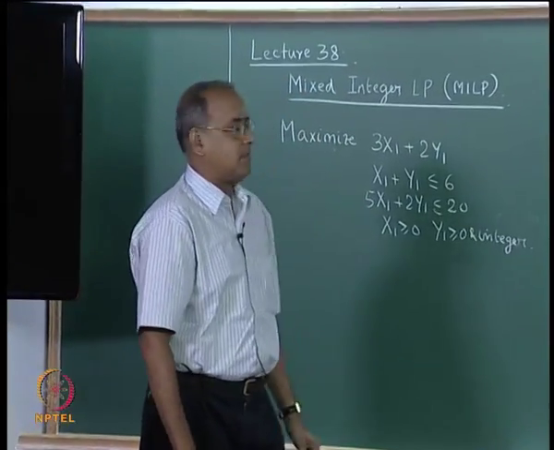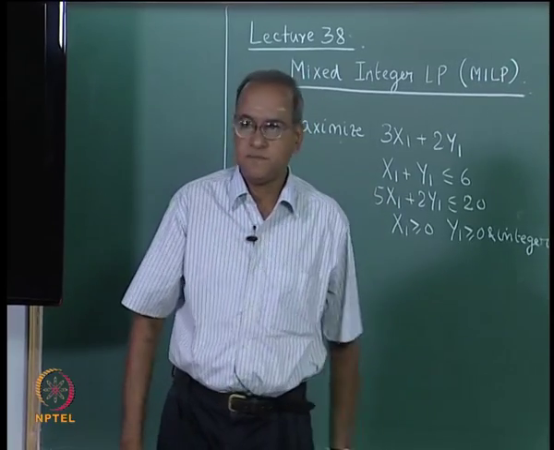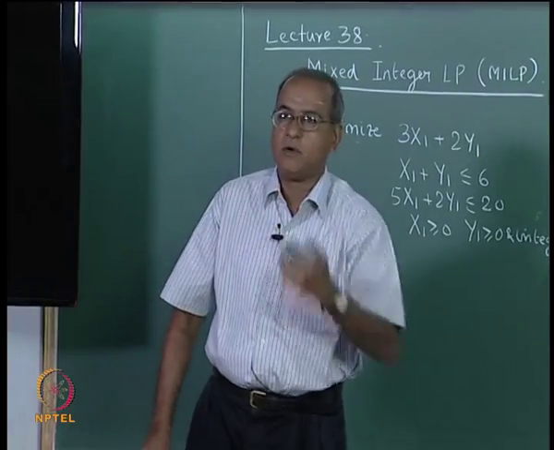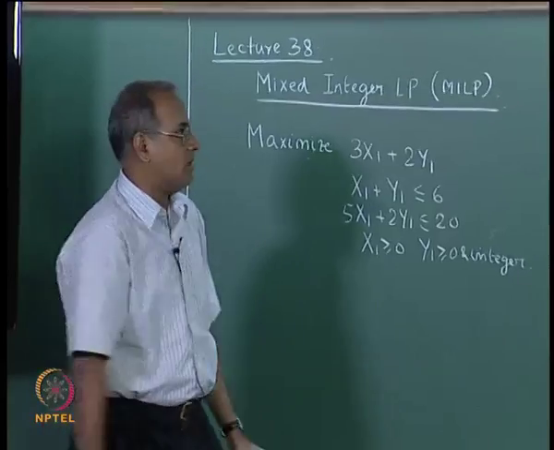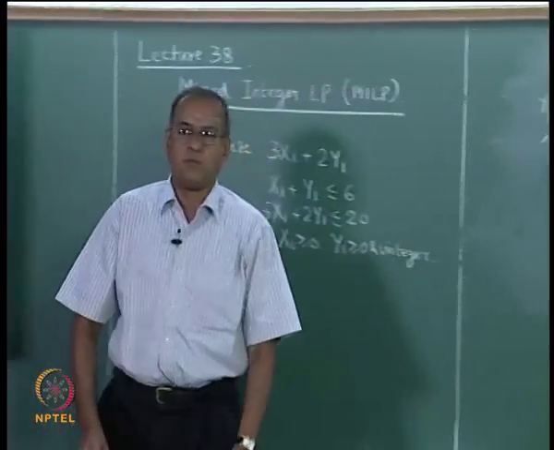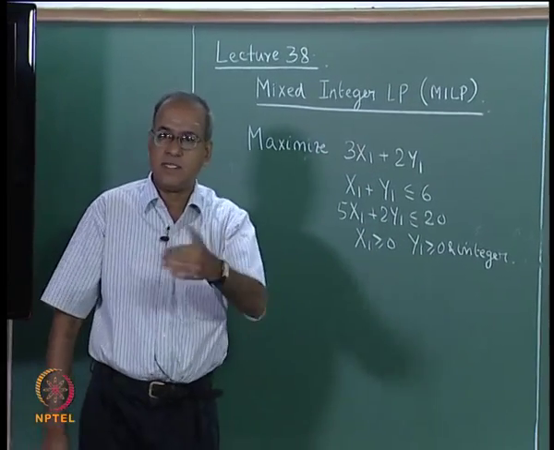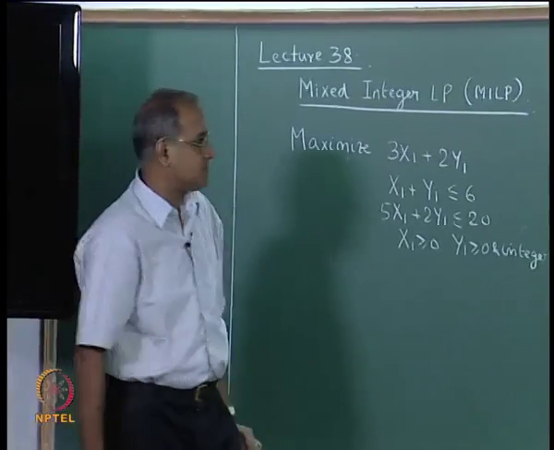So, the LP optimum will be an upper bound to the IP optimum in case of maximization. In case of minimization, the LP optimum will be a lower bound to the IP optimum. We are now solving a maximization problem, so 44 by 3 is an upper bound, which means the optimum to this will be less than or equal to 44 by 3, and cannot exceed it.